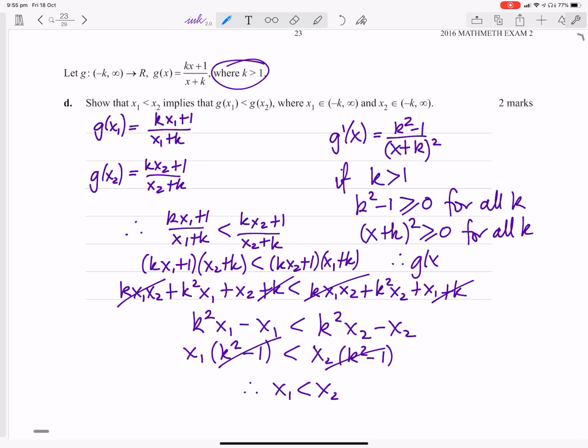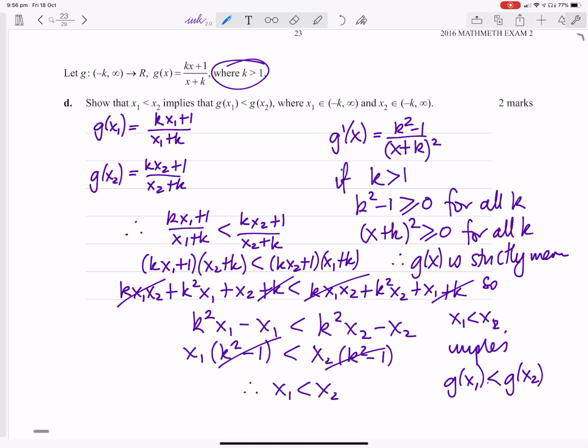Therefore, g of x is strictly increasing. So x1 is less than x2 implies g of x1 is always less than g of x2.